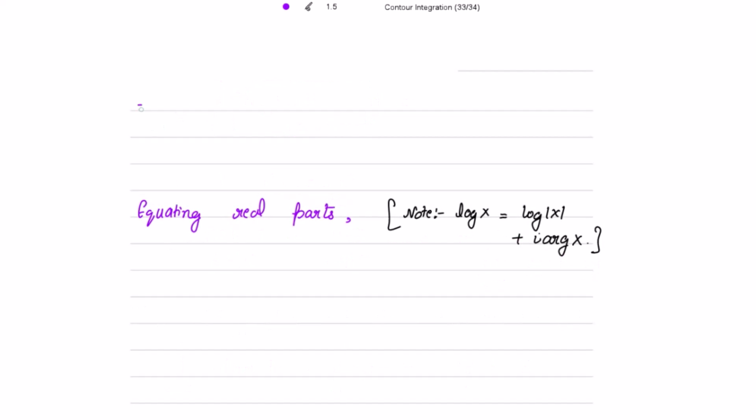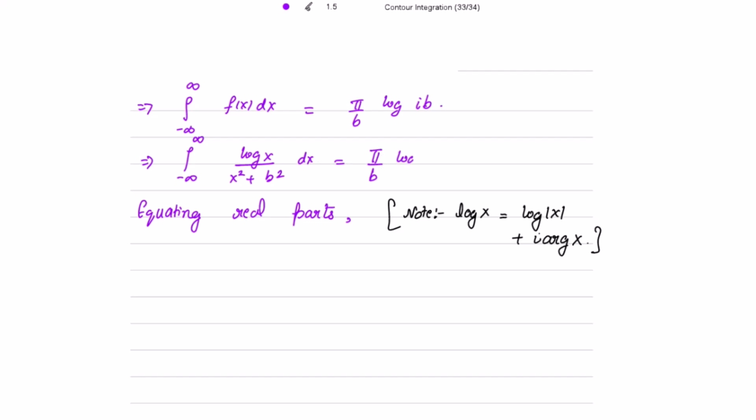Okay, so this implies, merging these two, the integral from minus infinity to infinity of f of x dx equals pi over b log of iota b. Writing the value of f of x, the integral of log of x over x square plus b square dx equals pi over b log of iota b.